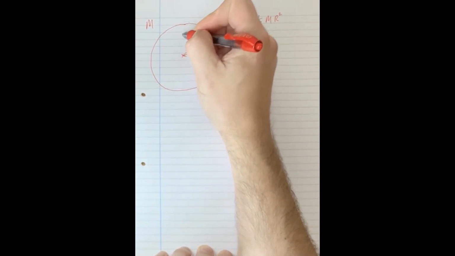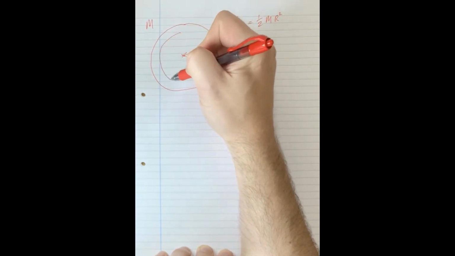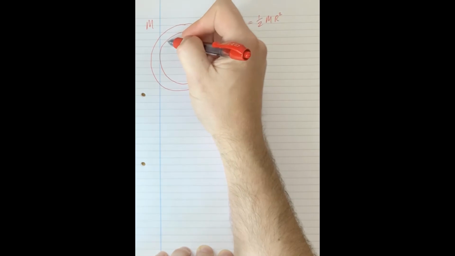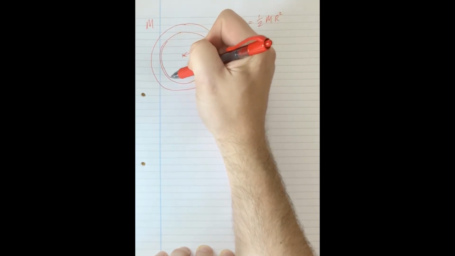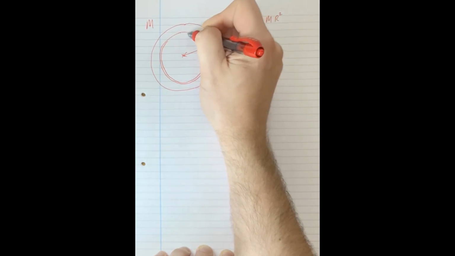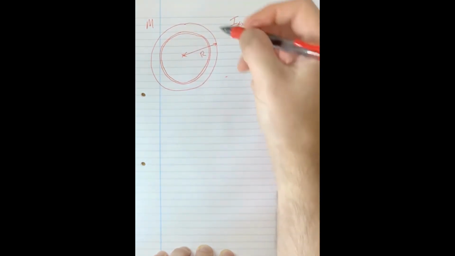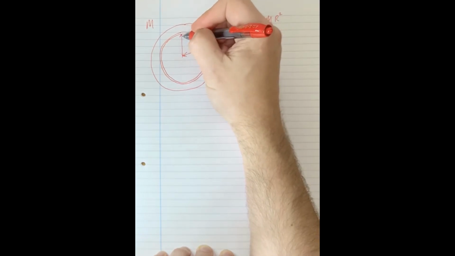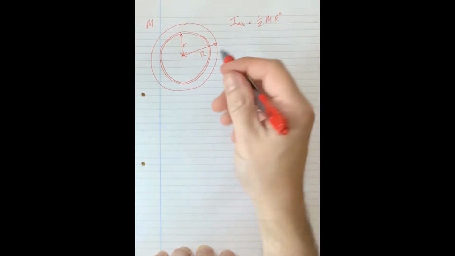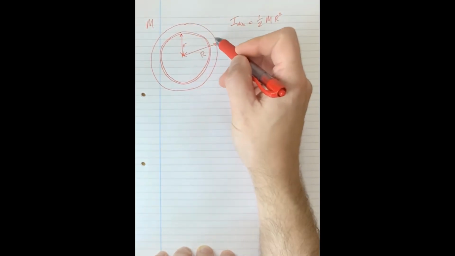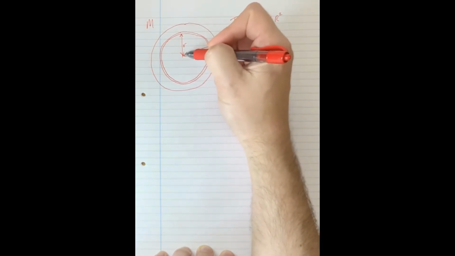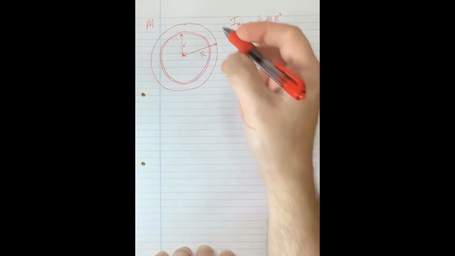What we did was we looked at finding a small amount of mass in terms of a very, very thin slice, a distance r away, and then we integrated from 0 up to r, adding up all these masses as we went from a certain distance up to the radius.